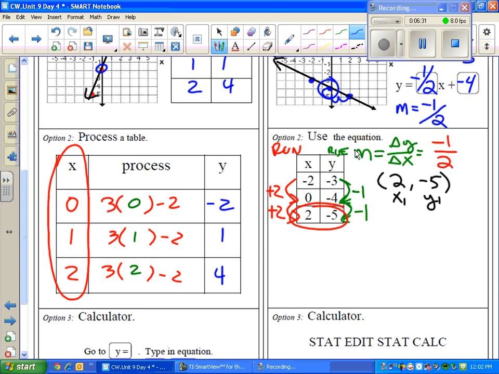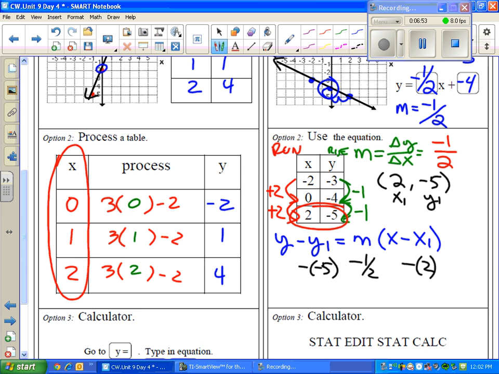So if I plug that into my equation, y minus y1 equals m parentheses x minus x1, and plug in our values, we're going to have negative y1, and negative x1, and we know that our slope is -1/2, and so we have our y and our x. So this is going to give us y plus 5 equals -1/2 x minus 2.